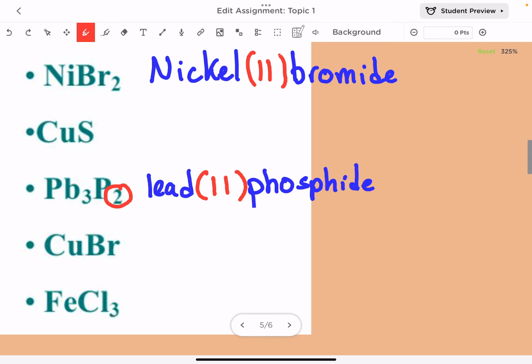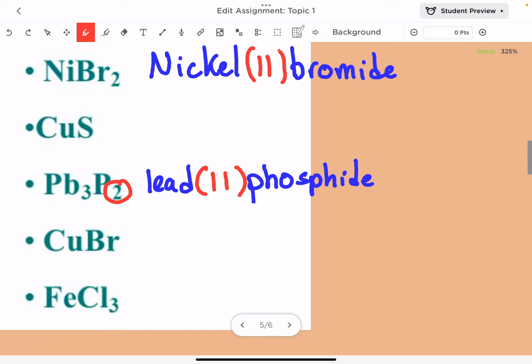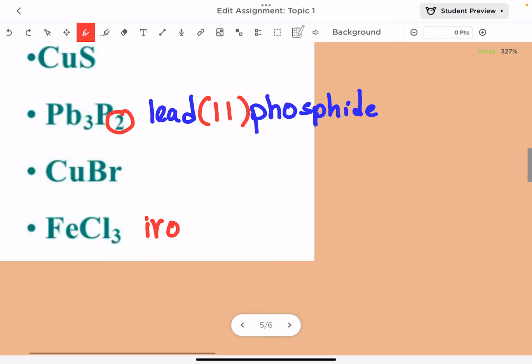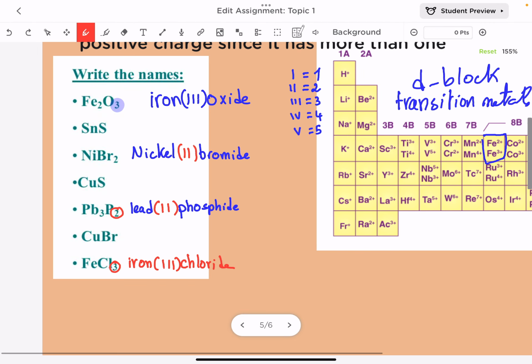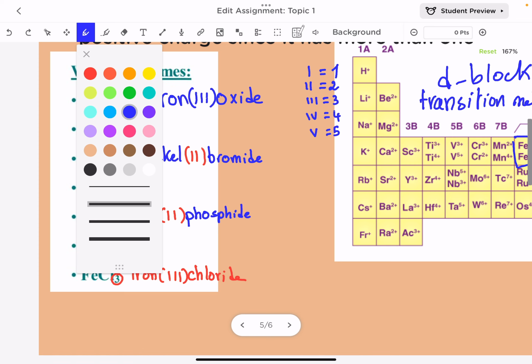So 2 represents the charge of lead. And finally, iron chloride, but this iron is simply iron 3 because next to Cl it's written 3. So iron 3 chloride.